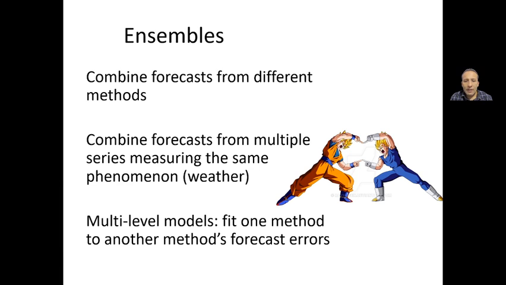Multi-level models fit one method to another method's forecast errors. So we have multi-level methods as well. What we do is try to forecast something, and then we provide a forecast of the errors.